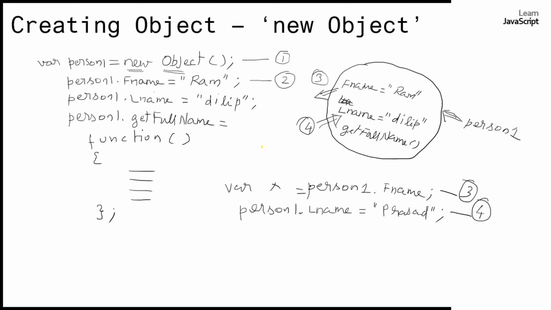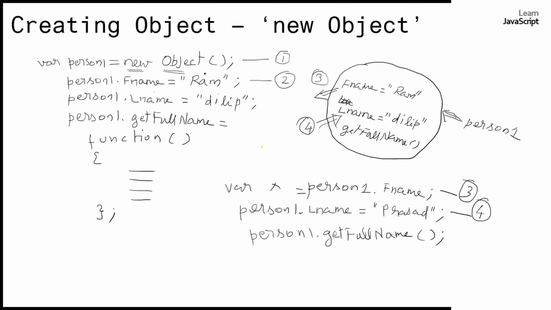And if you want to make a call to getFullName, then you can use the same notation. You can make a call to getFullName, and you have to use the parenthesis since it's a function call.